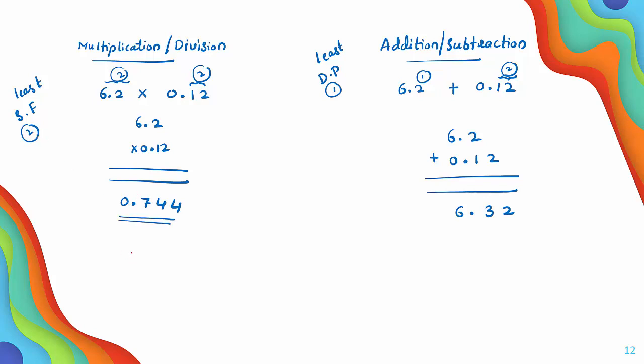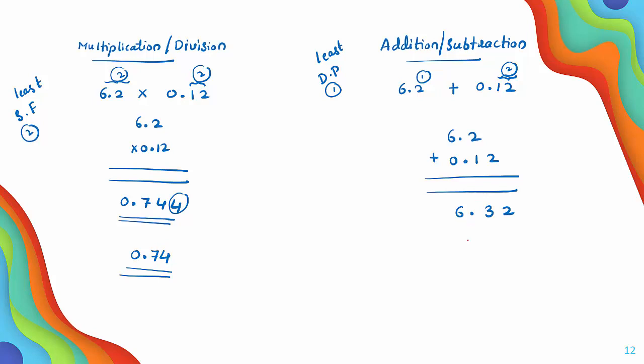How to round off this number? 0.7. The last digit here, I am going to drop it, and it is less than 5. If it is less than 5, then the preceding digit remains unchanged. This is the final answer, because we want the final result to contain only 2 digits or 2 significant figures.